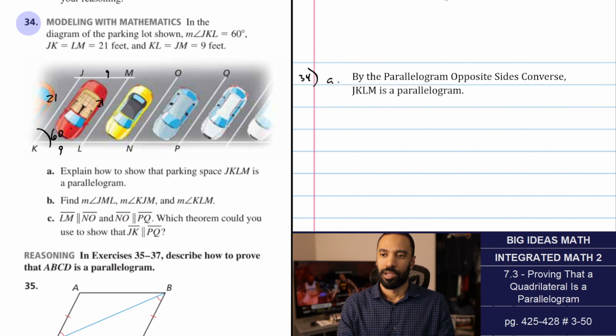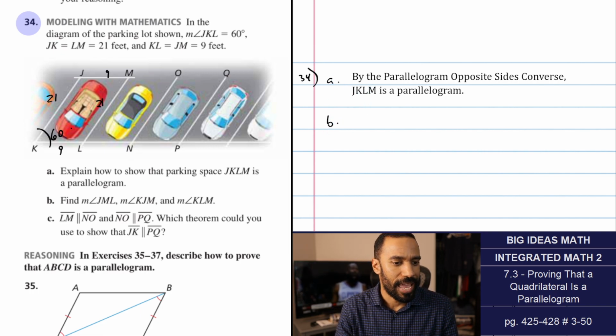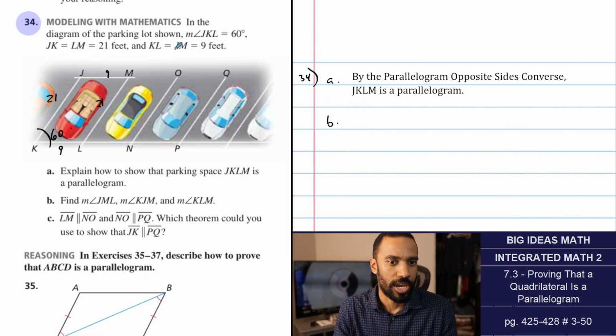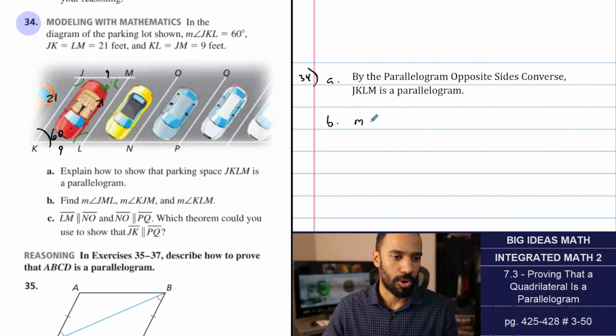Okay. B, find the measure of JML. JML is right here. That's going to be 60 degrees because it's opposite that angle. Measure of KJM, boom, and measure of KLM. Okay, so we're just finding all the parts within the parallelogram. They don't say why, we'll just go after it.